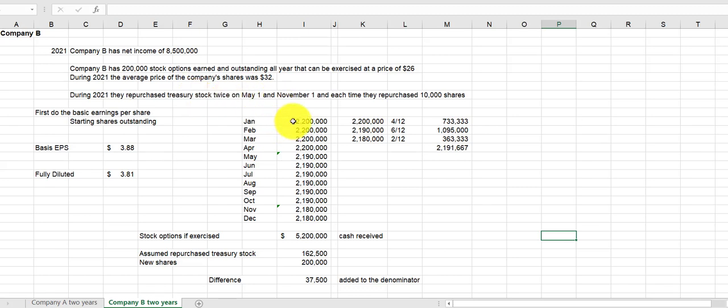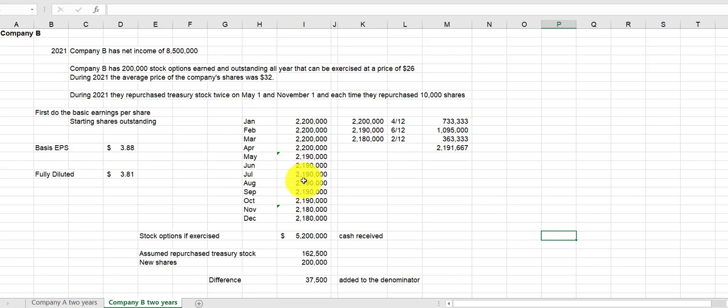So once again, kind of scheduling it out so we can picture this in our mind. From January through April, there was 2.2 million. That would have been given to us in terms of what we started with. It wasn't stated here, but I gave it to you there in the January.